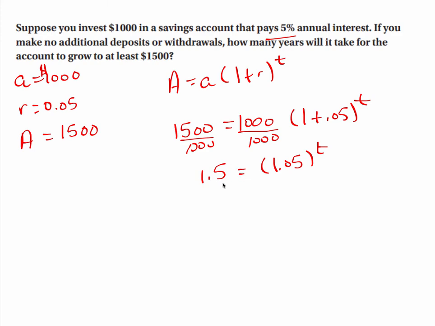You can do a table. We will learn how to do this with logarithms. But for right now, we're just going to use the magic of a calculator and find that T is about 9.